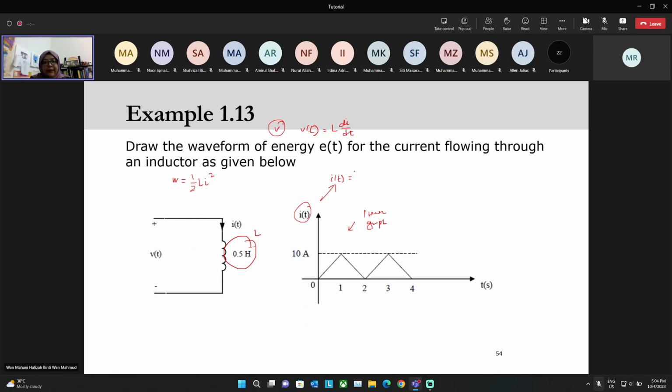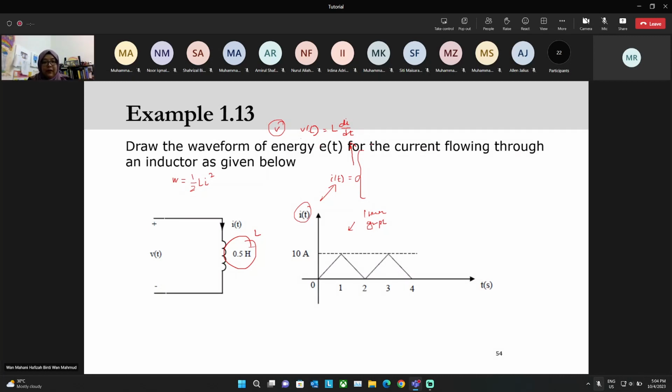So what you need to do is from this equation yang you dapat kat sini, you just masukkan dalam ni untuk setiap sela masa yang terlibat, 0 ke 1, 1 ke 2, 2 ke 3 dan 3 ke 4. L ni ganti dengan value yang diberi di sini dan you just differentiate lah. Okay, kalau dia tak minta energy, ini case dia minta voltage.